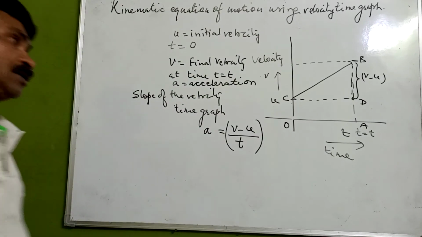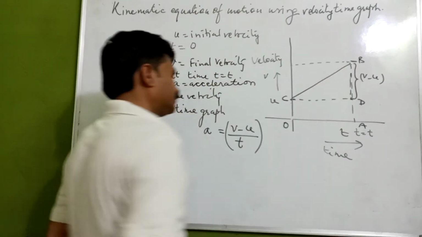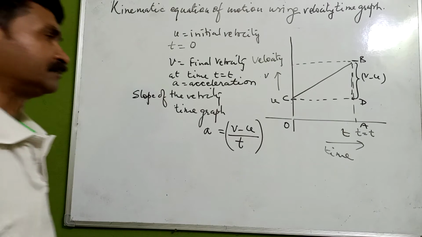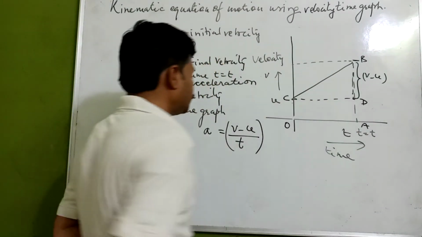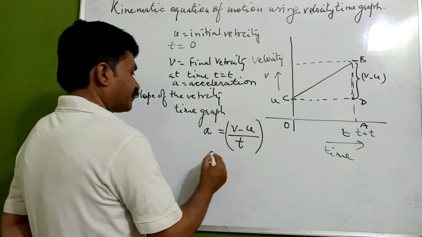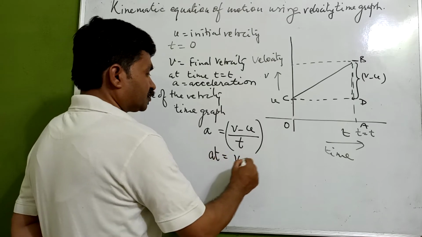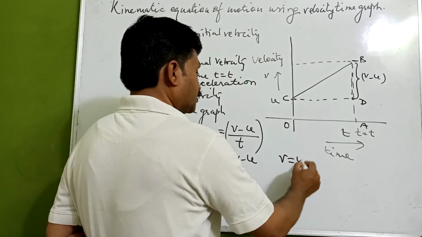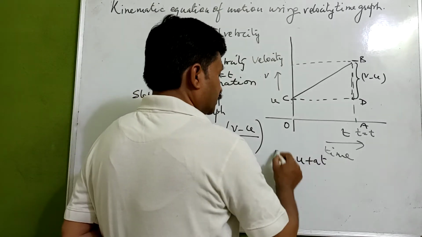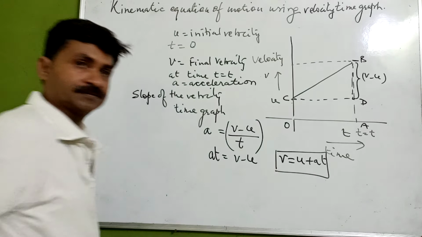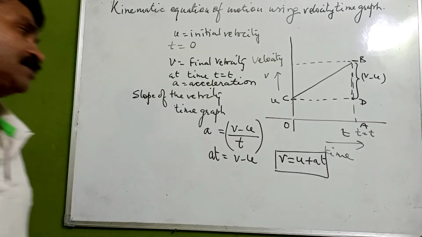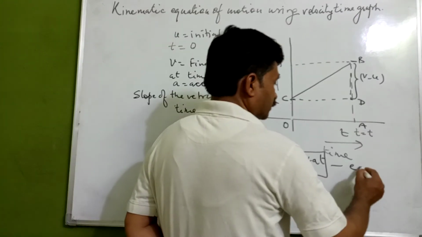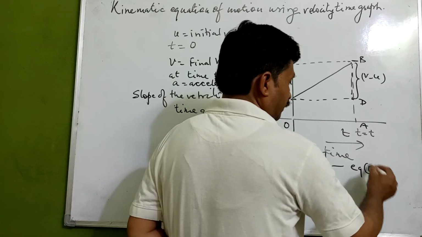So in this velocity time graph we have taken this slope. It is going to be a equals v minus u upon t, and we can say v is equal to u plus at. This is the first equation of motion, equation 1.